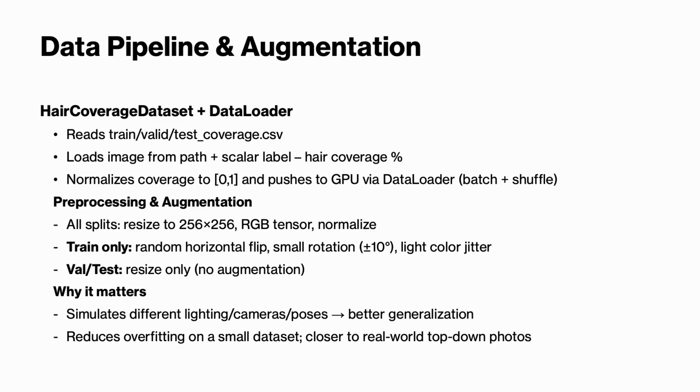For augmentation, training images only get light transformations: a random horizontal flip, small rotations up to plus or minus 10 degrees, and mild color jitter for brightness and contrast. Validation and test images get only deterministic resizing. The augmentations simulate the real-world variation in phone cameras and lighting that we'd expect in telehealth deployment, and they help the model generalize better, given how small this dataset is.